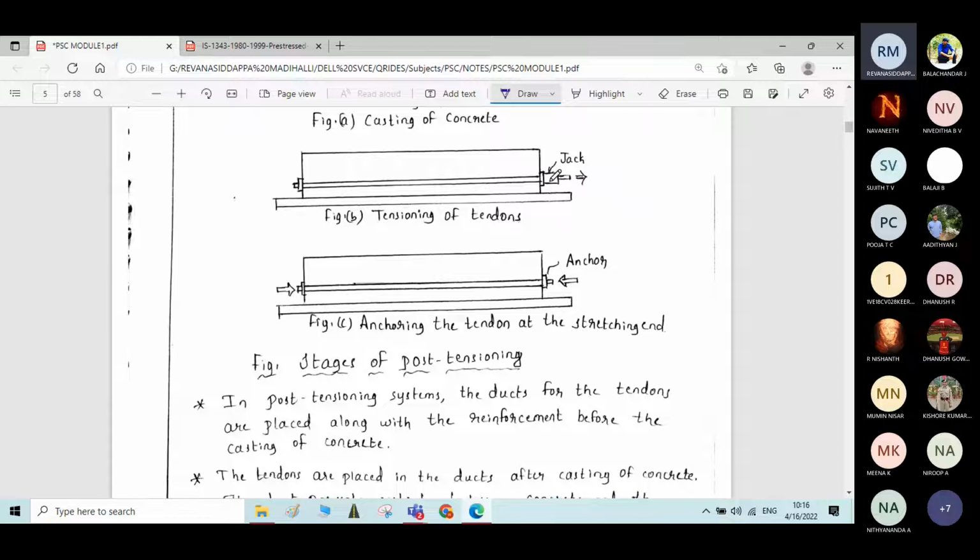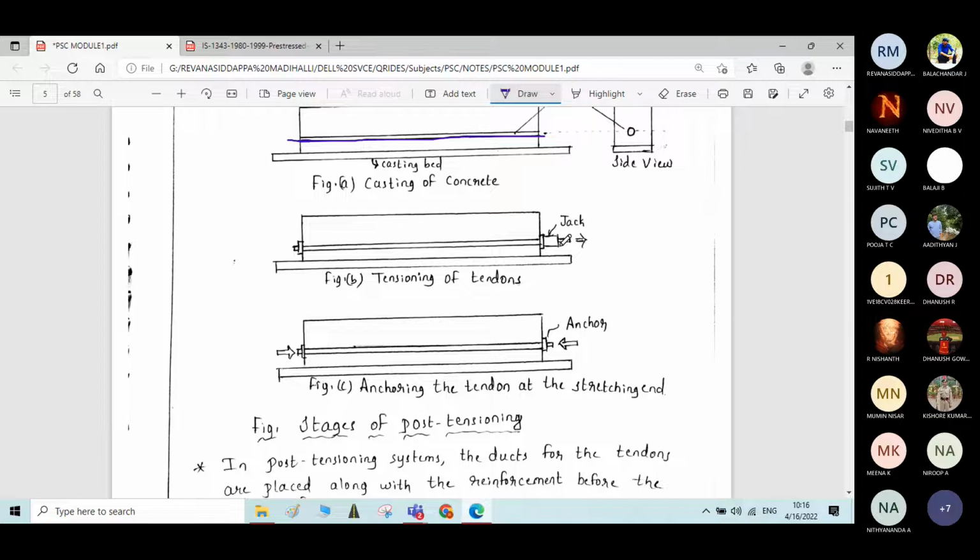Then they are stretched to the required tensile stress. After that, through some anchoring devices, both the edges of the cable or the tendon will be fixed at both the edges, okay, by using some nut bolt arrangement or any other kind of arrangement.